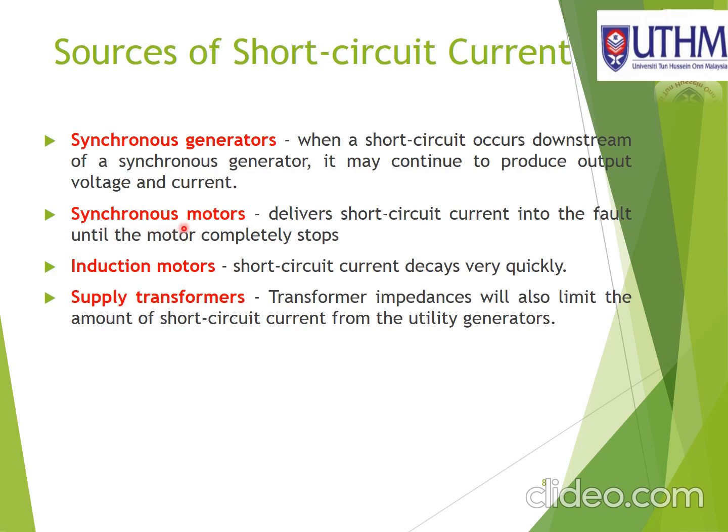The second one is the synchronous motor, which delivers short circuit current into a fault until the motor completely stops. The third one is the induction motor, whose short circuit current decays very quickly. And lastly is the supply transformer. Transformer impedance will also limit the amount of short circuit current from the utility generators.